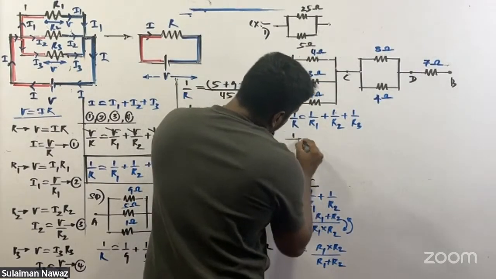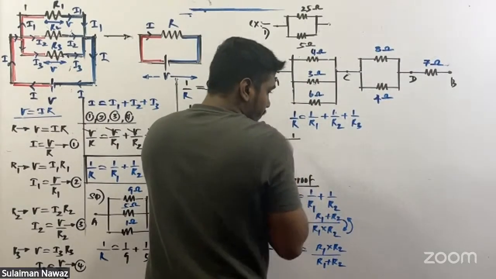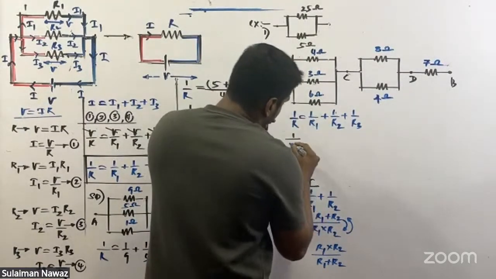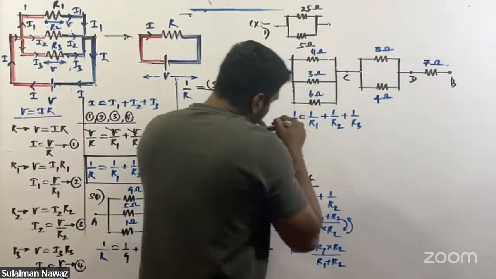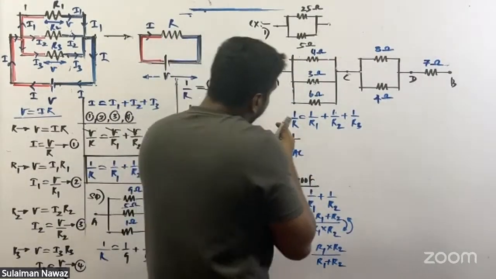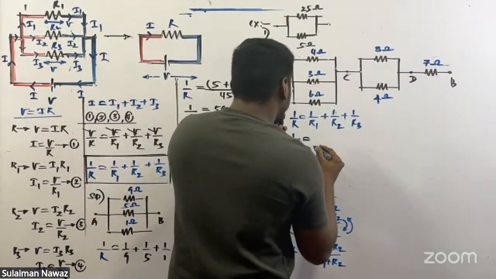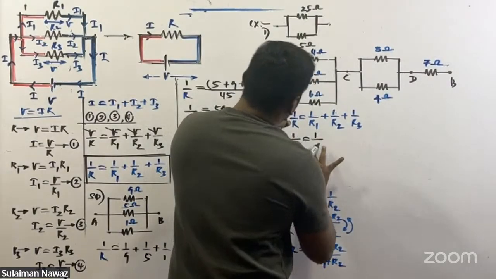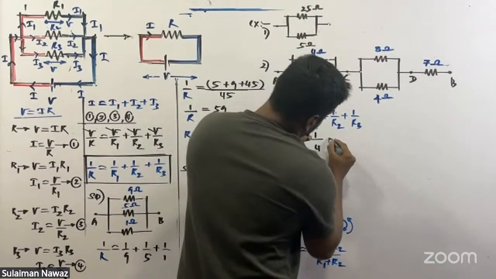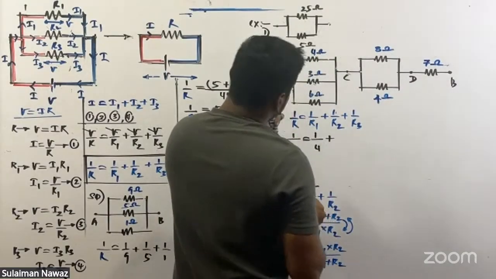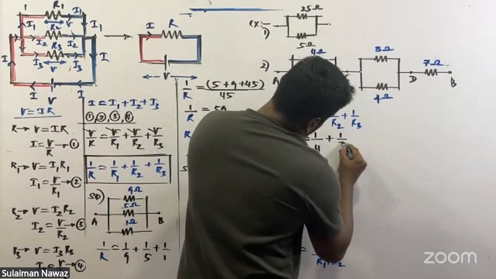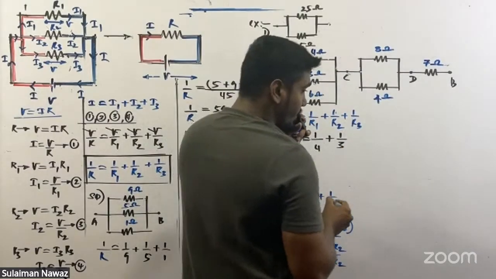So 1 over RAC must be equal to, right? R1 is 4, R2 is 3, R3 is 6. 1 over 4 plus 1 over 3 plus 1 over 6.